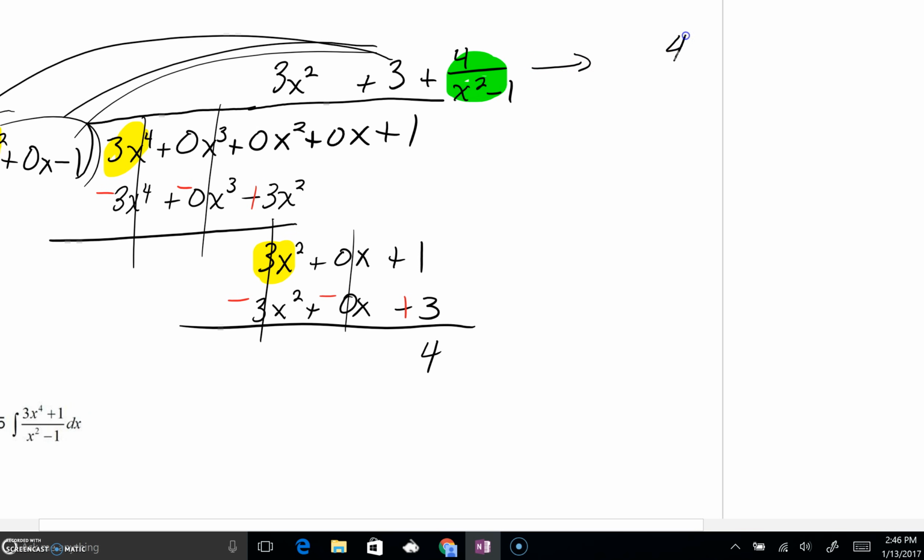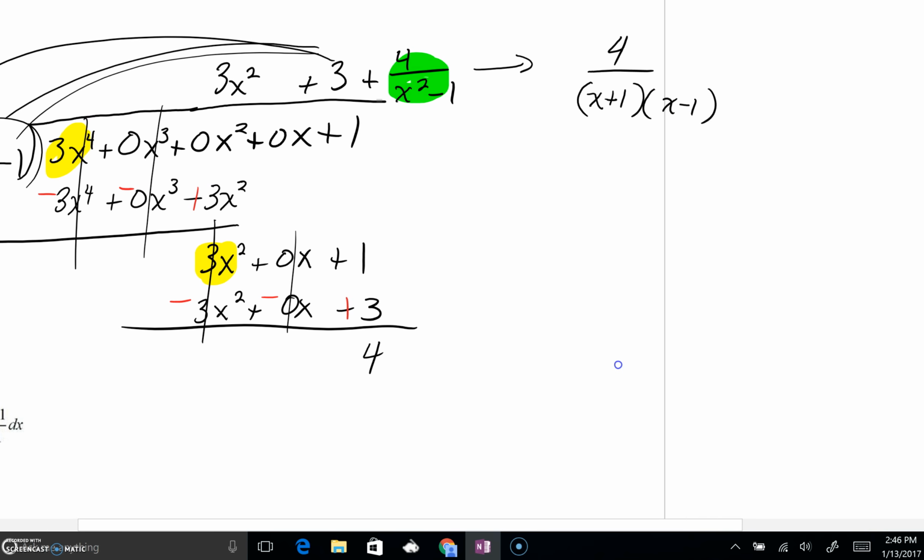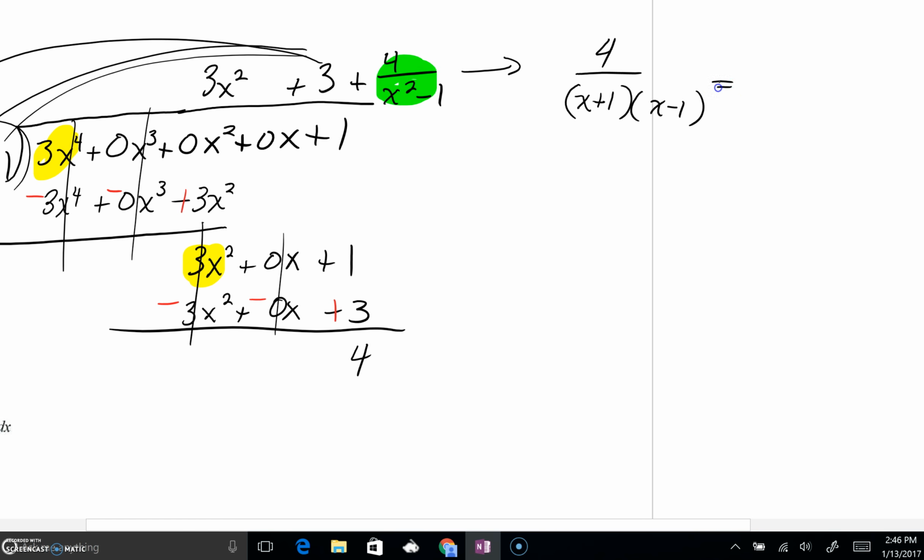Really, what I'm wondering is, could we maybe break that down with a partial fraction? x squared minus 1 will factor. It will factor into what? x plus 1, x minus 1.